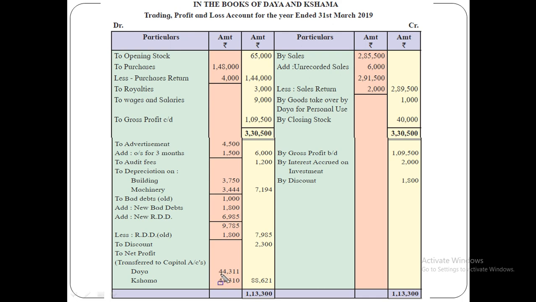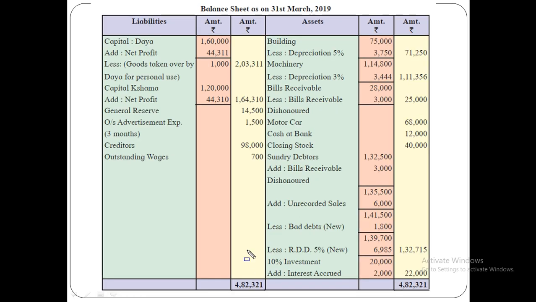So Daya got 44,311 and 44,310. These figures we are going to transfer to the capital account as shown here. This is known as net profit. Here after the addition, Daya has goods taken over by partner, known as drawings, 1000.